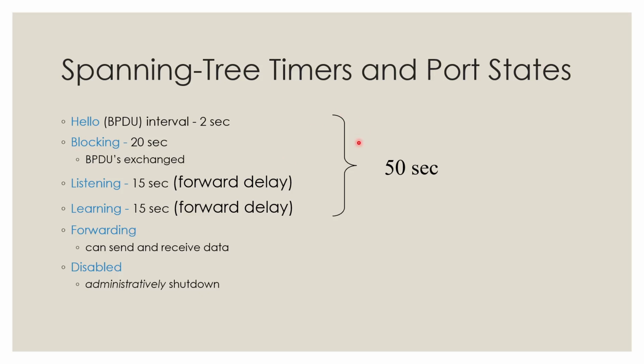So we can see it takes the switch about 50 seconds to transition the spanning tree port from blocking to forwarding. That's why when you plug a cable to the switch port, it takes about 50 seconds before you can use the port. You will see the LED on the switch port starting from amber. It takes about 30 to 50 seconds to change the LED color from amber to green.